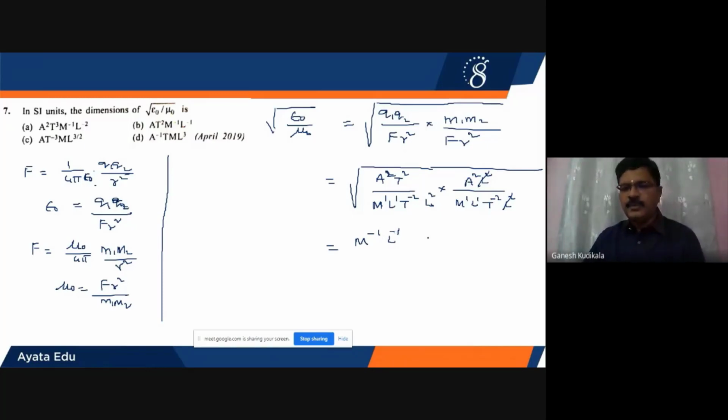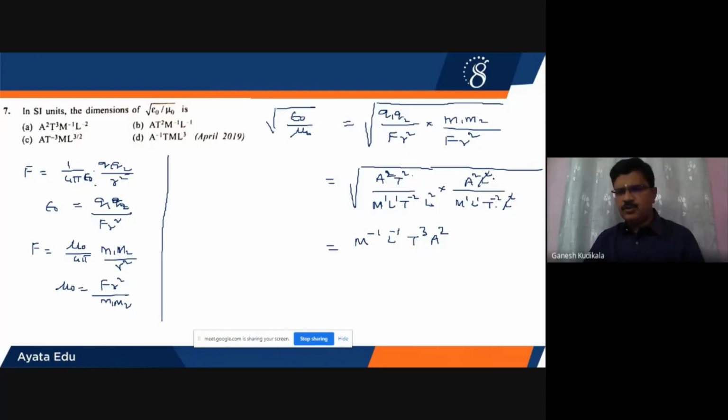Next is regarding T now. This is T square, this is T to the power of plus 4, and this also T to the power of 6. Therefore, T to the power of 6 divided by 2 means T to the power of 3 you are going to get. And A to the power of 2 plus 2, 4. 4 divided by 2 is 2. So M to the power of minus 1, L to the power of minus 1. Is L to the power of minus 1 correct?